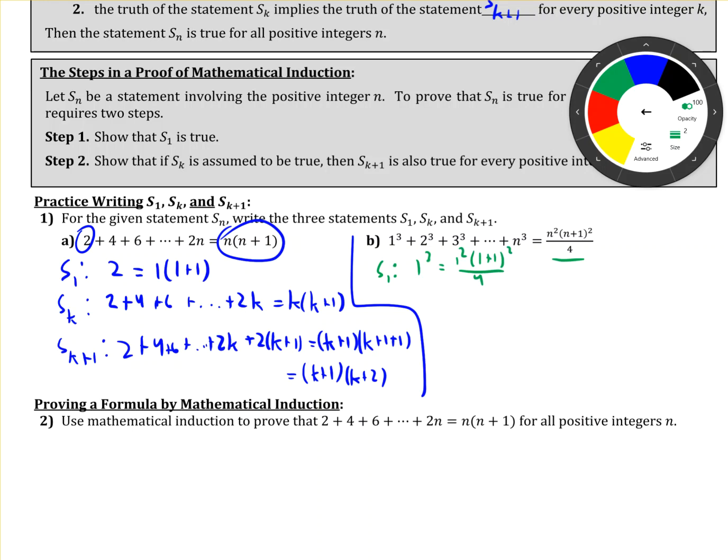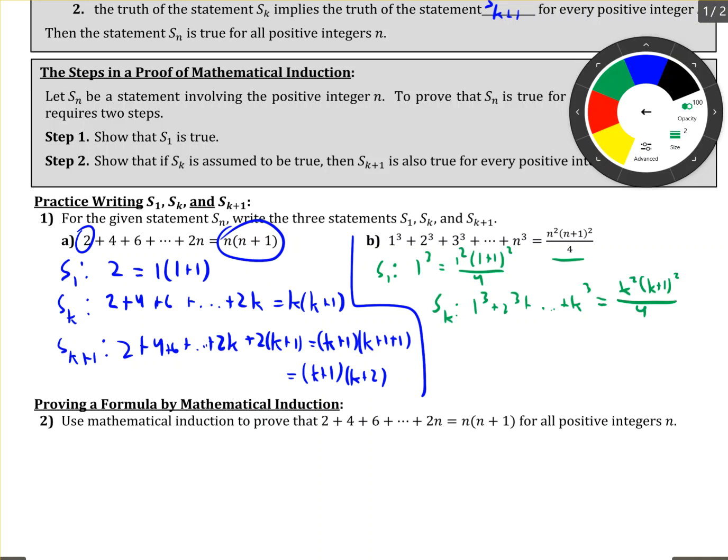So that ends up being true in this case. But right now, we're not concerned about true or false, we're just concerned about writing them down. So S_k is 1 cubed plus 2 cubed plus dot dot dot plus k cubed is equal to k squared times (k plus 1) squared over 4.